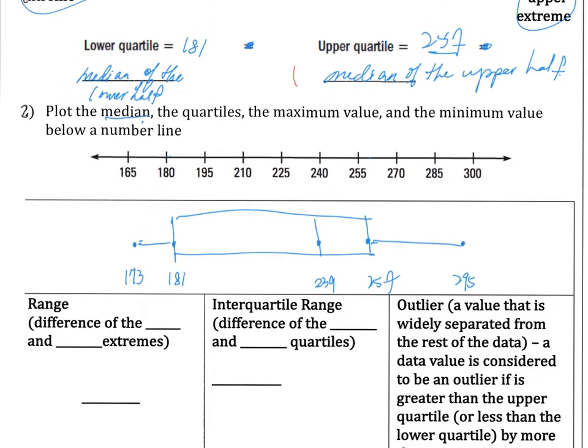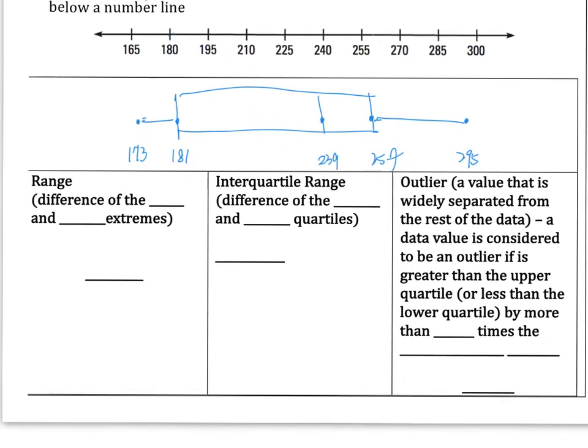Now let's continue with the vocabulary. The range, which means the difference of the upper and lower extremes, will be taking 295 and subtracting 173. That would give you 122.